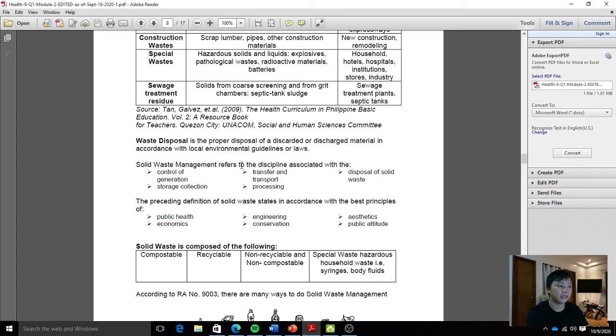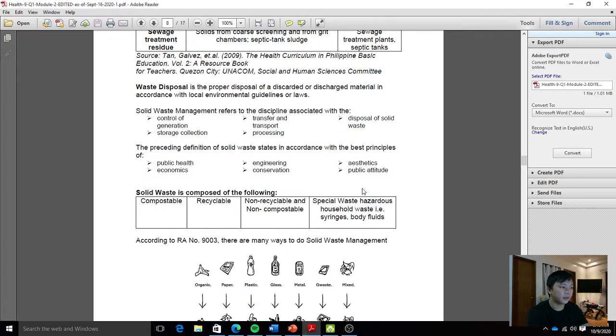We also discussed waste disposal and what it means. So, solid waste management. We have the following: control of generation, storage and collection, transfer and transport, processing, disposal of solid waste. The preceding definition of solid waste states in accordance with the best principles of public health, economics, engineering, conservation, aesthetic, public attitude.